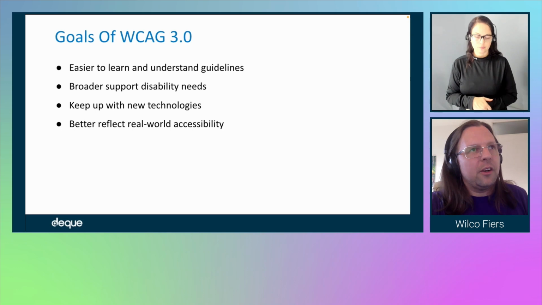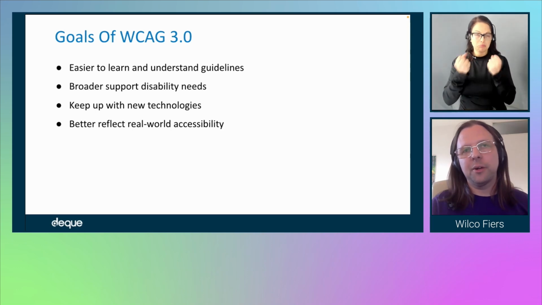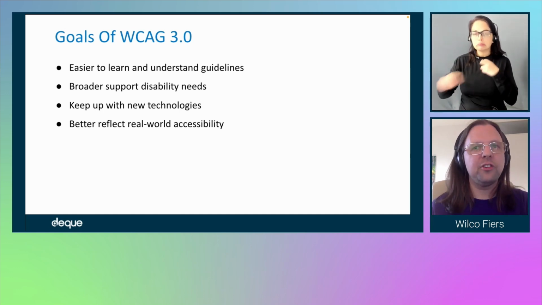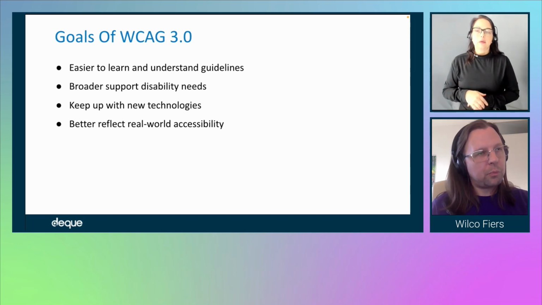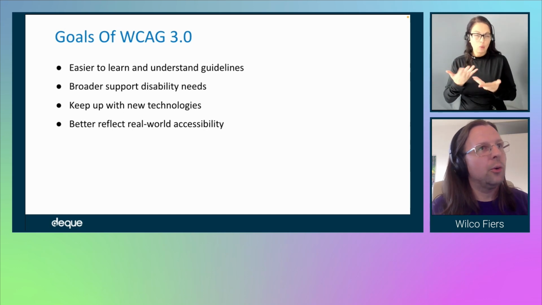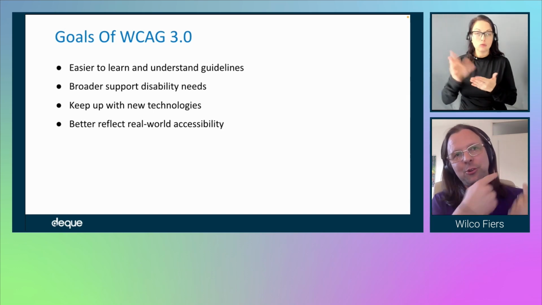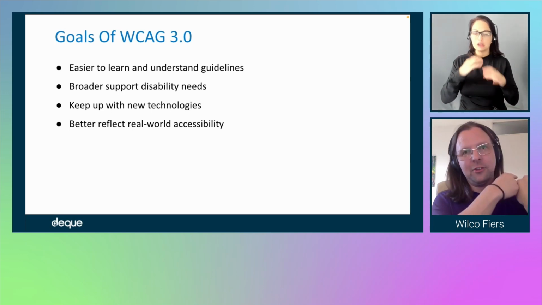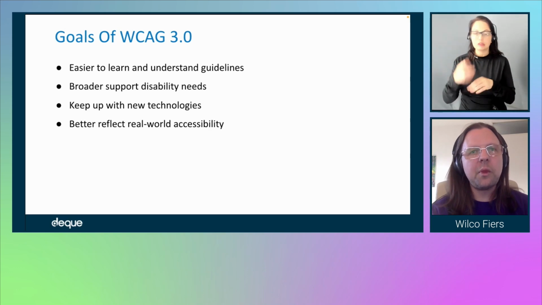So the goals of WCAG 3.0: we've learned a lot from WCAG 2, and there are some areas that we found we're having difficulties with, which required a fresh start and a fresh look. And so the key areas we came to that we wanted to start addressing for 3.0 is we want to make WCAG 3.0 easier to learn. I'll point you back to the 2.2 conversation I just had. It gets pretty complicated. There's some areas that need to be improved. We also want to have a broader support for disability needs.